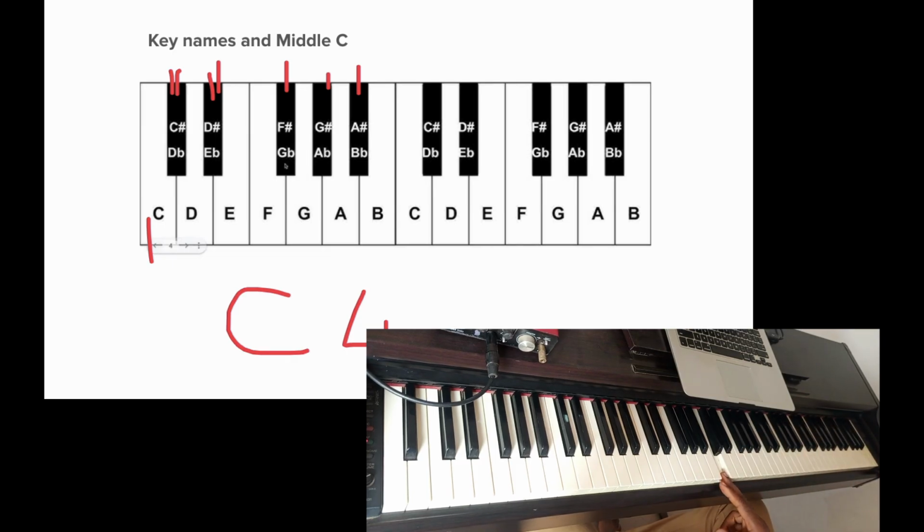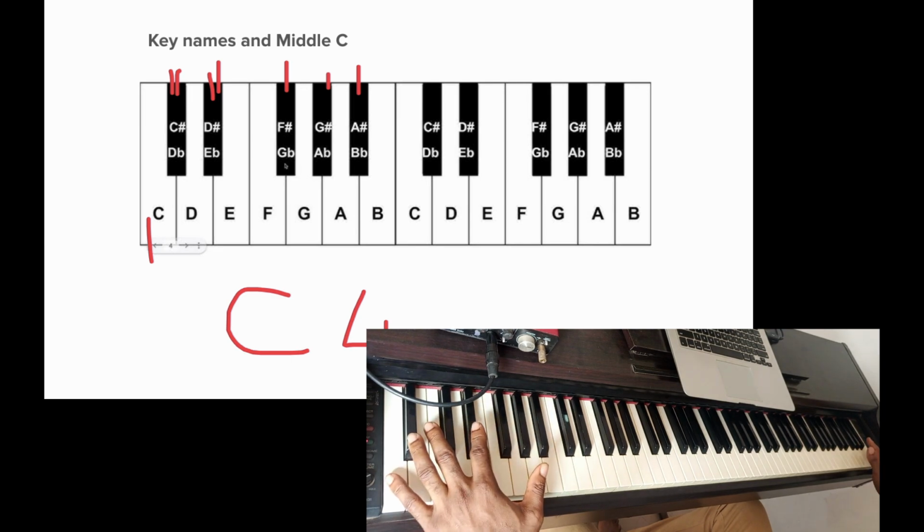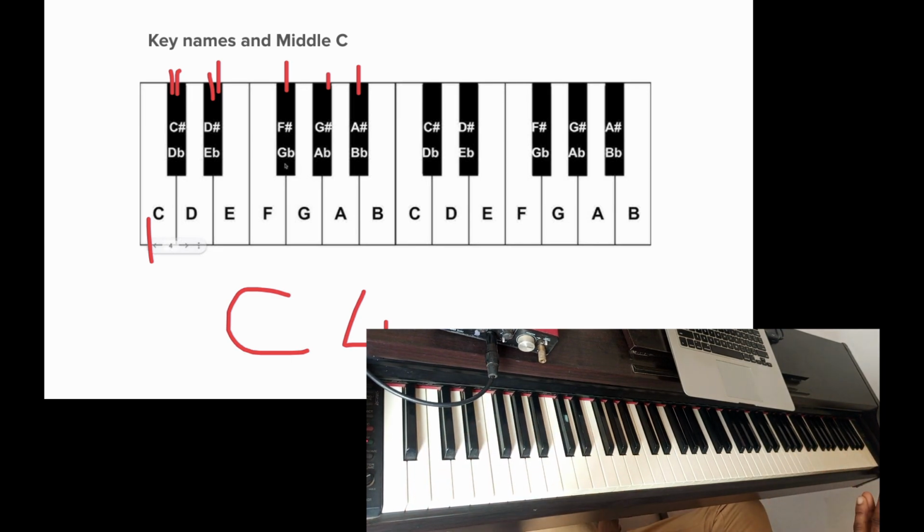And in case the keyboard you're using doesn't have 7 octaves or 88 keys, you can identify middle C by this tone. As I go to the right of the piano, the sound C produces gets brighter, or gets higher in pitch.